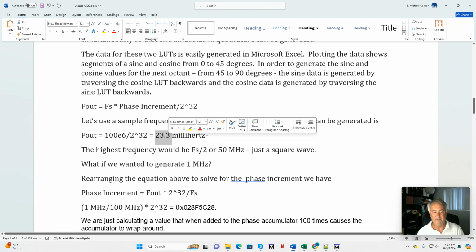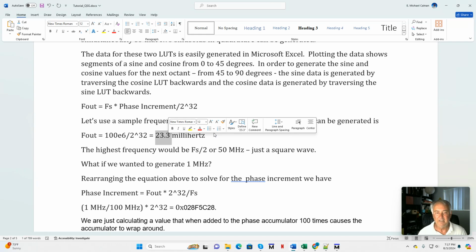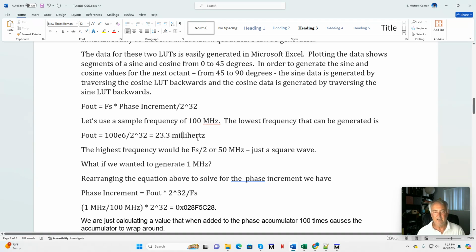And everything else is an integer multiple of that. As a result, we can't get, say, 1 megahertz or 10 megahertz right on. There's always a little bit of frequency error.